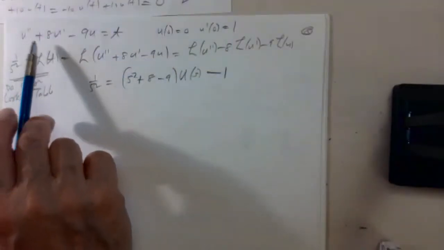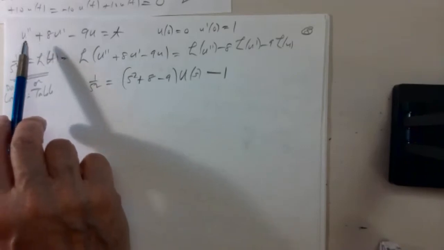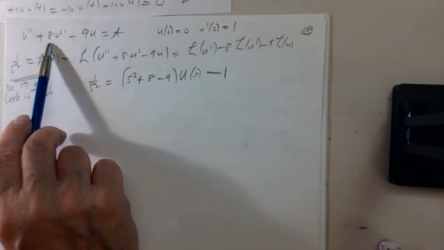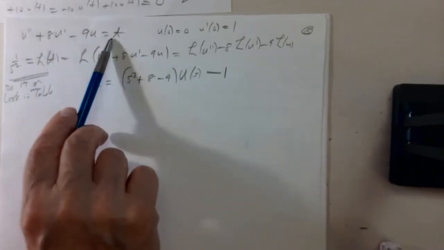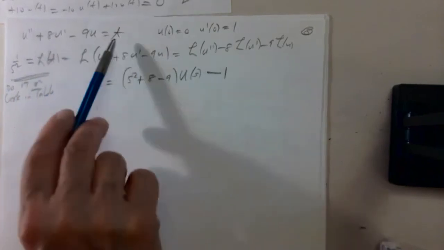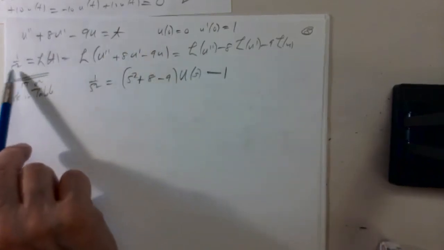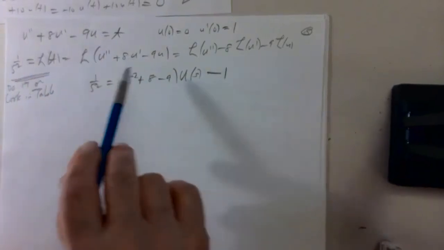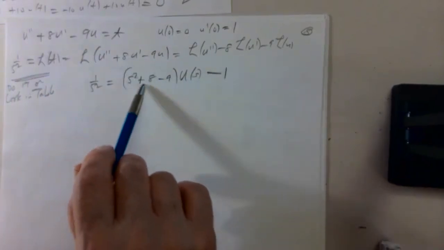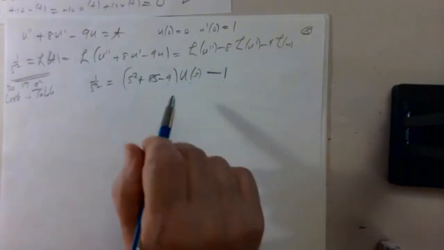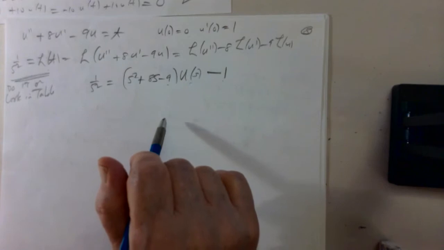So again, we have this non-homogeneous ordinary differential equation, u double prime plus 8u prime minus 9u equals t, with this initial condition. Take the Laplace transform. Laplace transform of t is 1 over s squared. Laplace transform of this is s squared plus 8s minus 9 times u minus 1.